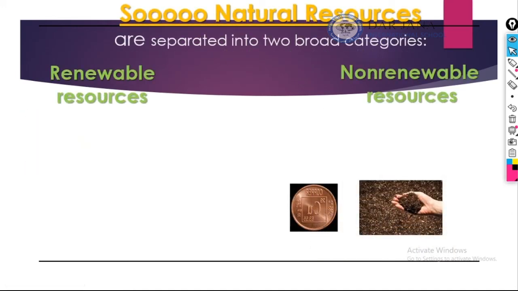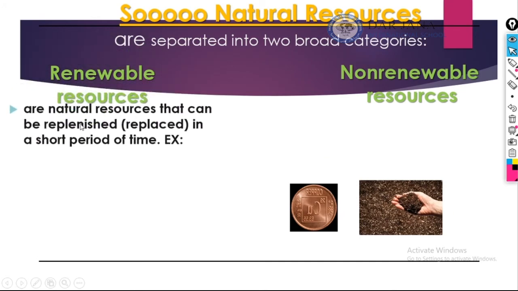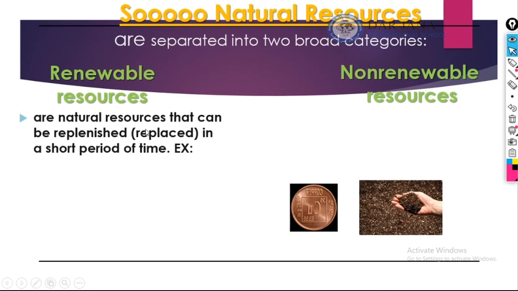Here we should differentiate between two types of resources. We have the renewable resources, which are natural resources that can be replaced or replenished easily in a short period of time, like wind, water, and plants.